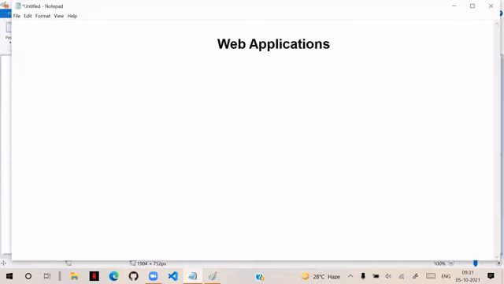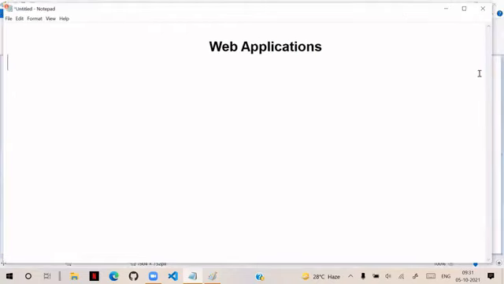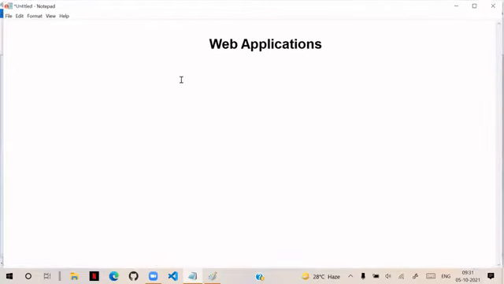In that case, you need a detailed idea of what the web is, what web applications are, how these web applications work, what the software requirements are, how to build these applications and all. Let's see. One by one, we have to understand some more important points.